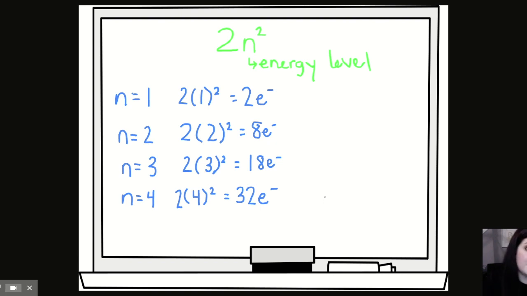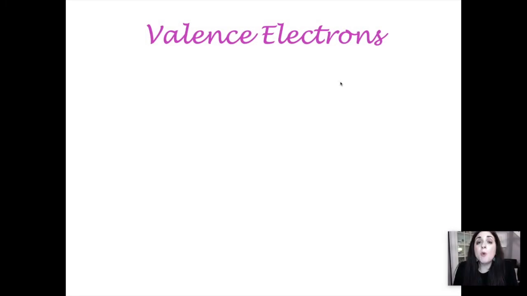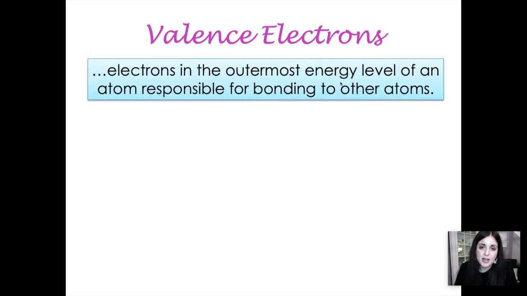Very simple concept. And the most important type of electrons that you need to know are your valence electrons. Hopefully you learned a little bit about valence electrons in your element project research. Valence electrons are the number of electrons in the outermost shell. And they're so important because they help to determine how atoms will bond to other atoms.